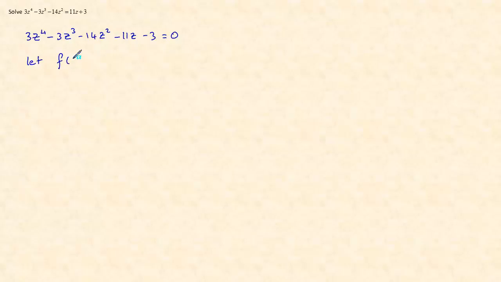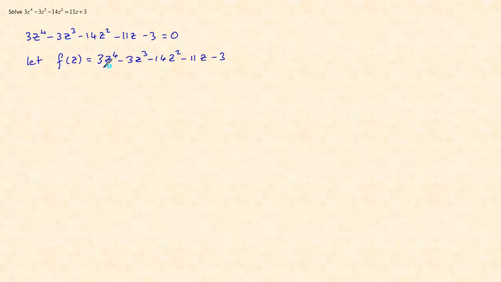Now let f of z be equal to 3z to the 4 minus 3z cubed minus 14z squared, take away 11z, take away 3.